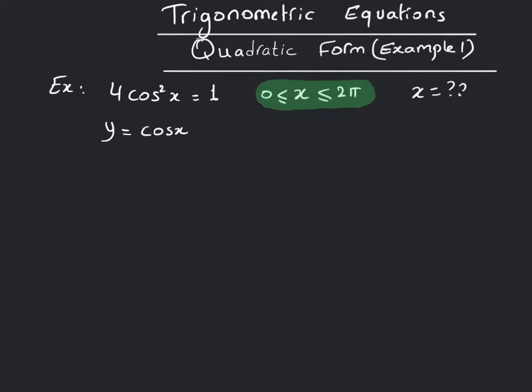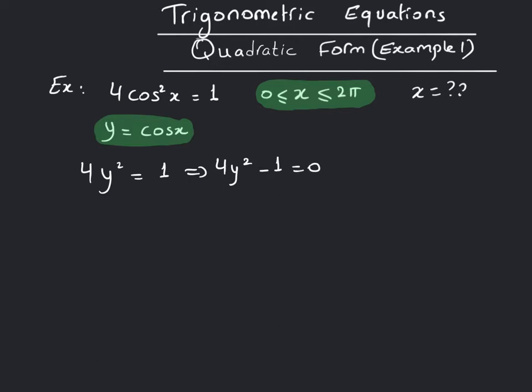I'm gonna substitute y for cosine x. So I have 4y squared equals 1. Now we're gonna solve the quadratic equation. Implies 4y squared minus 1 equals 0.